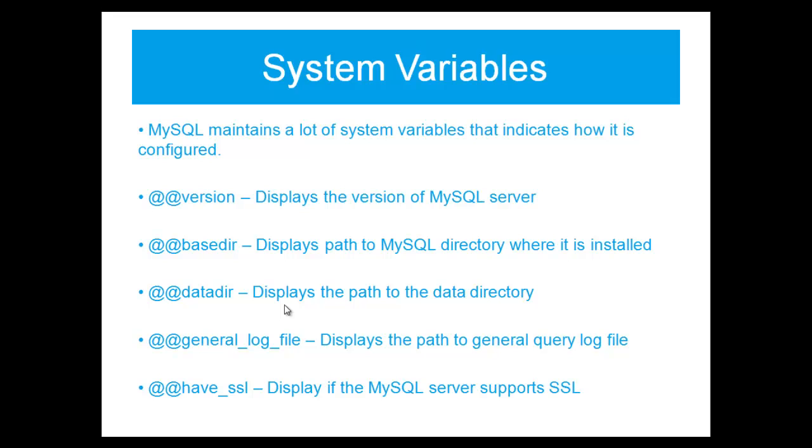It will display whether this MySQL server supports SSL or not. If it displays disabled, it means that this MySQL server supports SSL but currently it is disabled. The web admin can enable the SSL service.